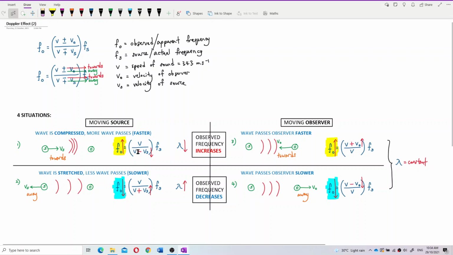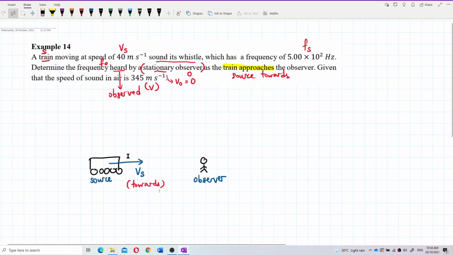When you minus, the value below becomes smaller, so the observed frequency becomes higher. Remember, the source moving towards observer, the wave is being compressed.